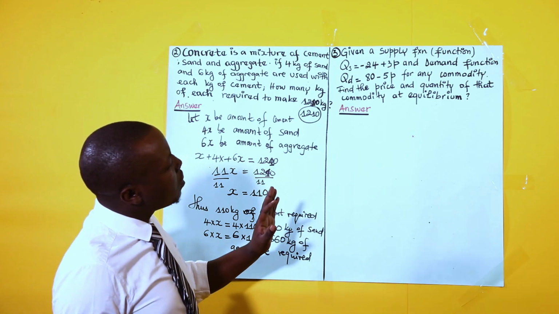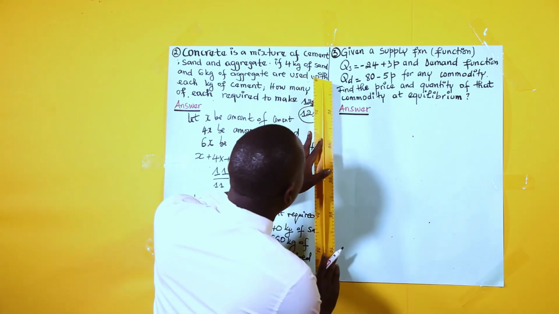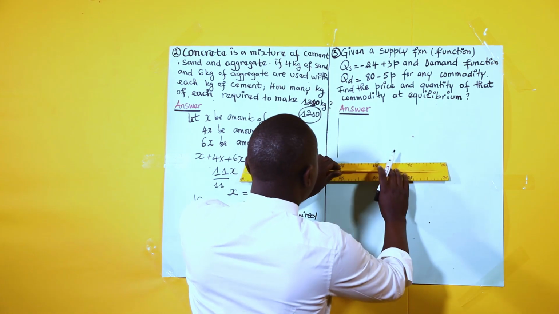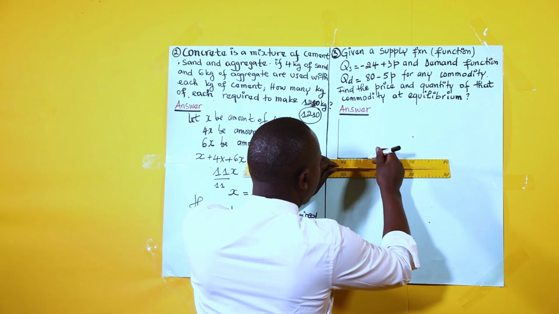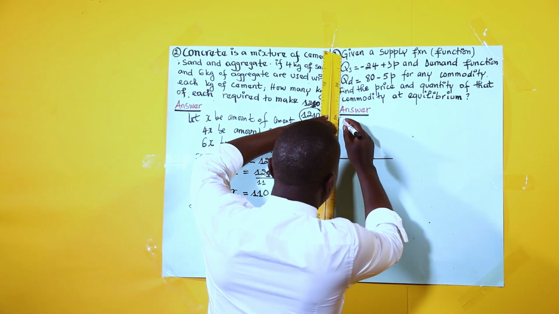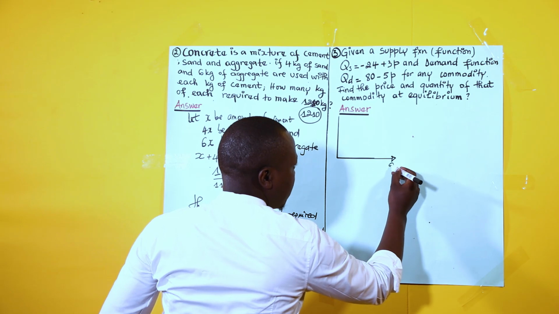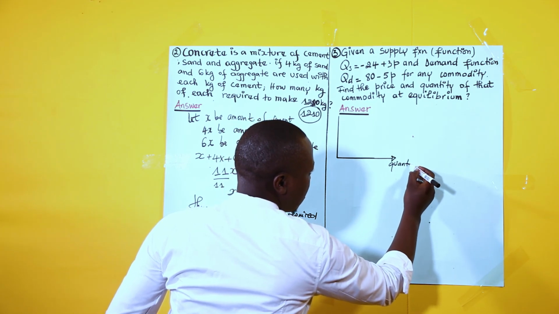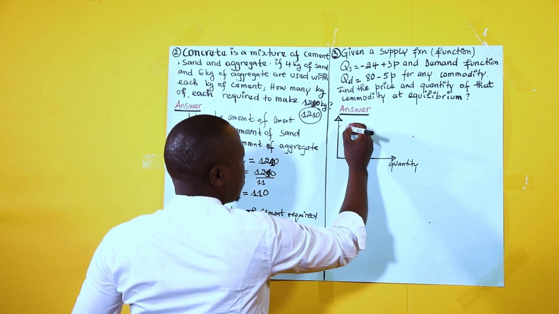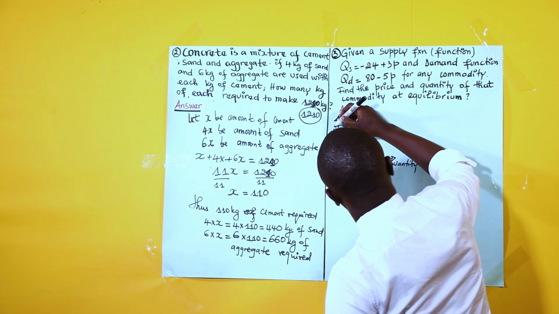Now, if you remember, we have a graph that looks like this, a graph for demand and supply. This is the axis for quantity, and this is the axis for price, do you remember?